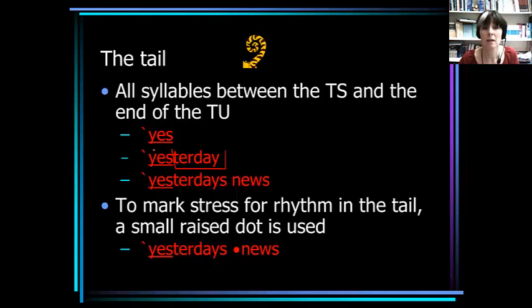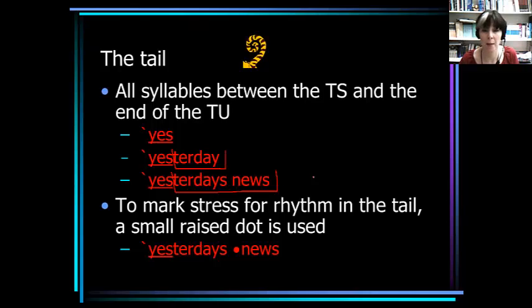Yes, yesterday. Let's try that. Yes, yesterday. Okay, and here all of these syllables are the tail.